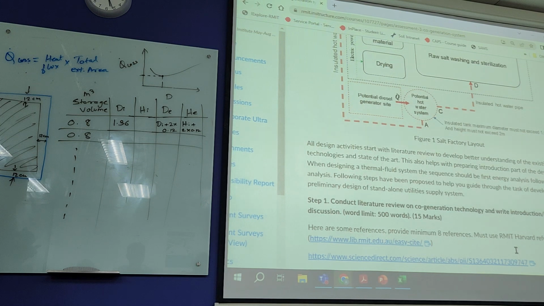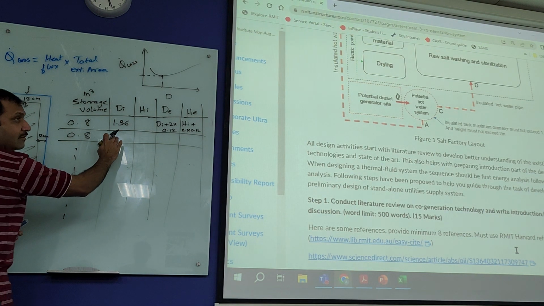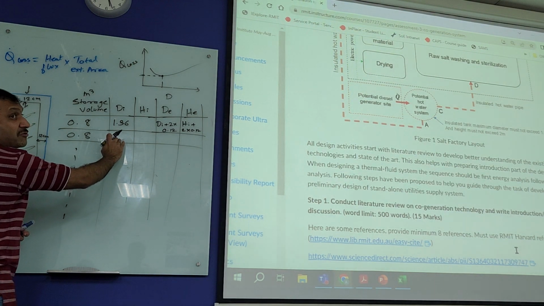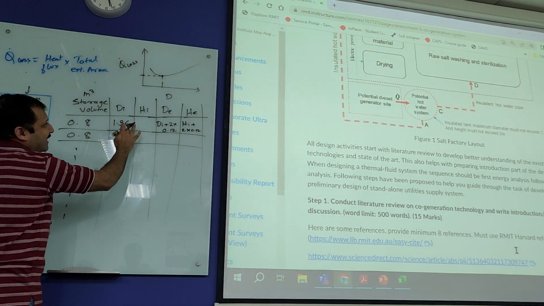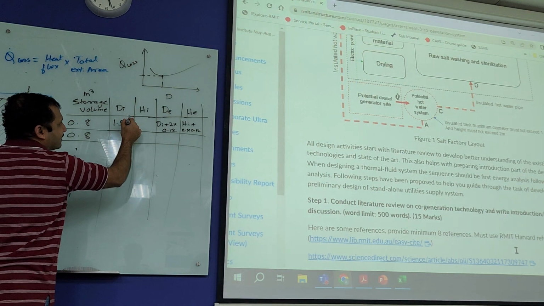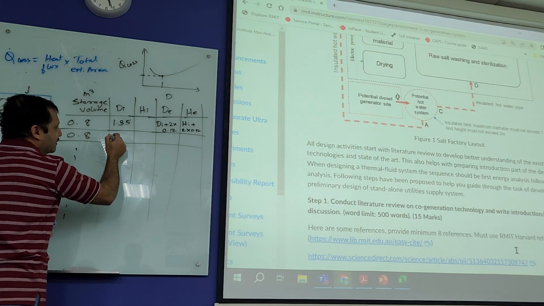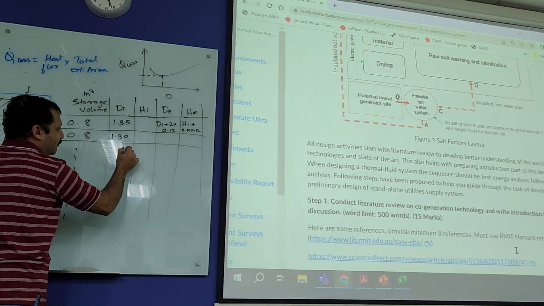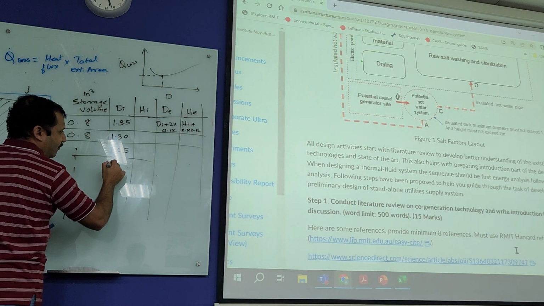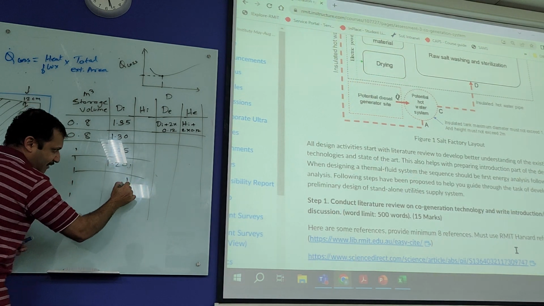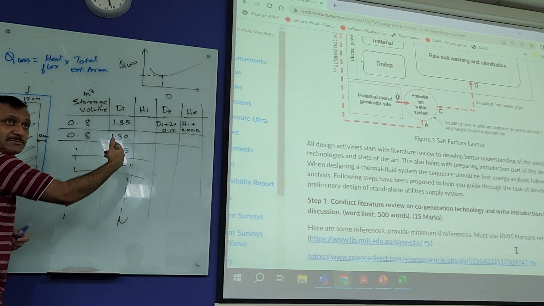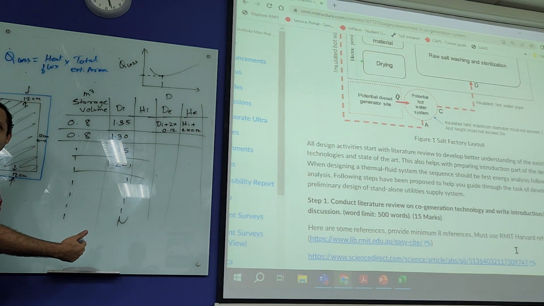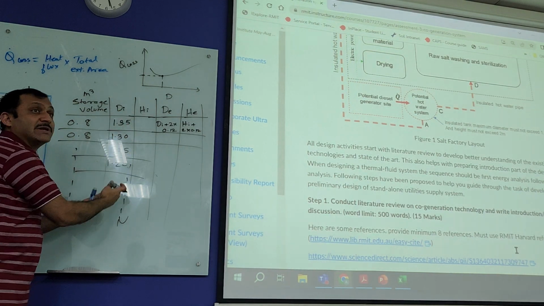Is everyone with me? Now we start incrementing. I mean, instead of starting at that odd kind of number, I might start at 1.35 and then increment it: 1.30, 1.25, 1.20. Same step increments. That's just we're doing it manually.